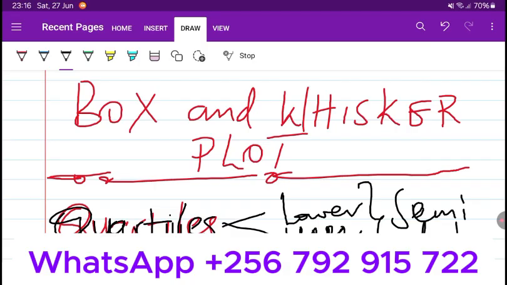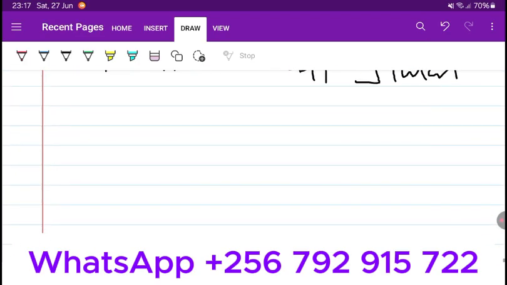For you to be able to graph a box and whisker plot, there are values that you must first compute or identify. I don't want to go into so much of the theoretical details, but straight to the things we need to do to draw a box and whisker plot.